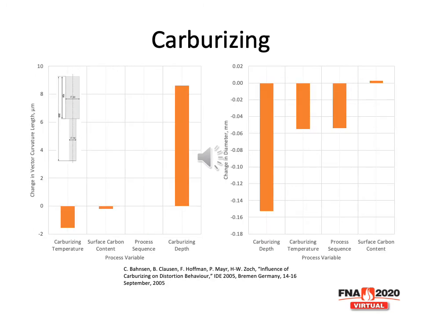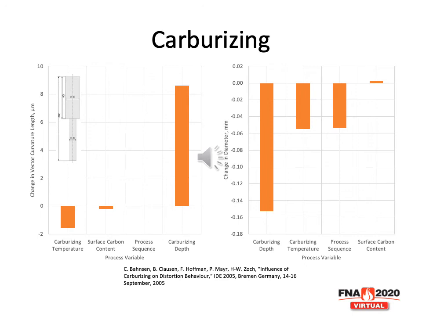Now we start talking about heat treating, and specifically carburizing. In a study done by ZF, by Bonson, Clausen, Hoffman, Mayer, and Hans-Werner Zock, on the influence of carburizing on distortion behavior, also presented in Bremen, they looked at different variables on the change in the curvature of a part as well as the diameter of the part.